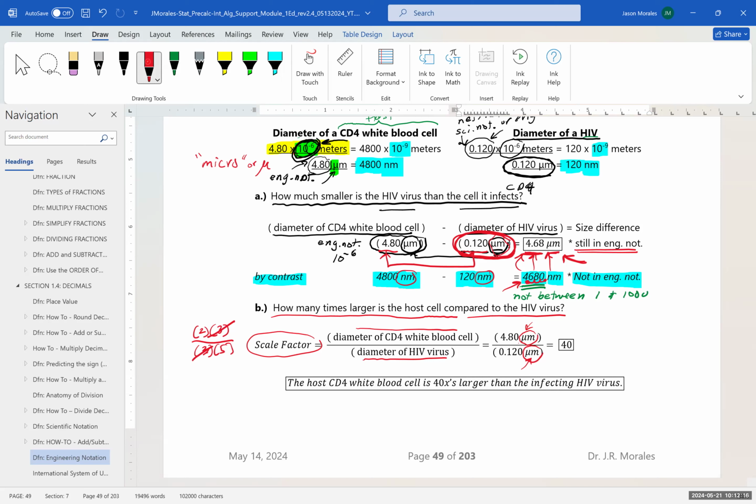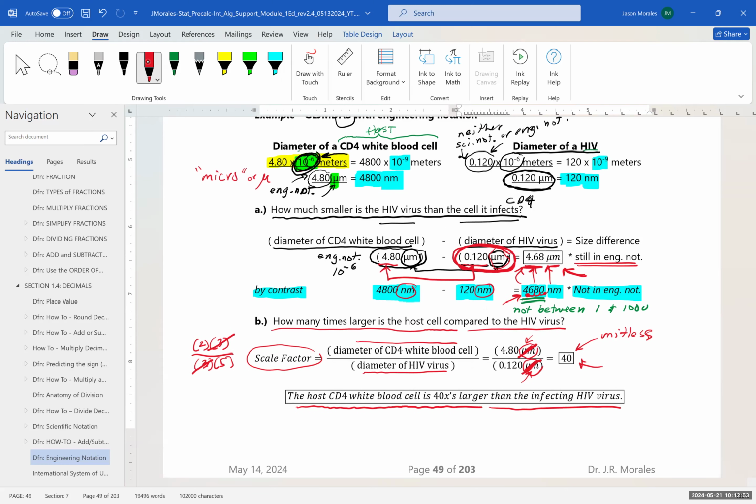Since we've got micrometers in the numerator, we can cancel that with micrometers in the denominator. That leaves us with a unitless number, which is okay. That actually tells us that we're doing things right when we can cancel units in the numerator and denominator. If you take 4.8 and divide it by 0.12, you get 40. So the host white blood cell is 40 times larger than the infecting HIV virus.